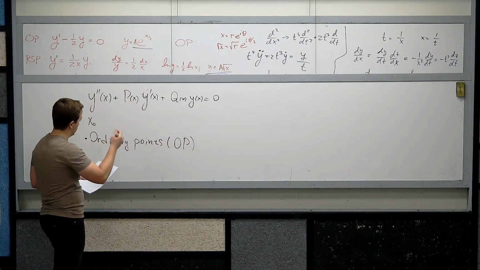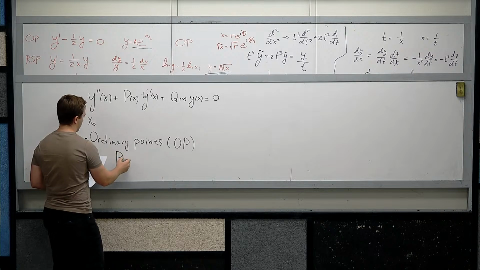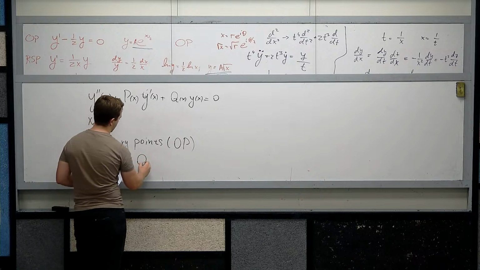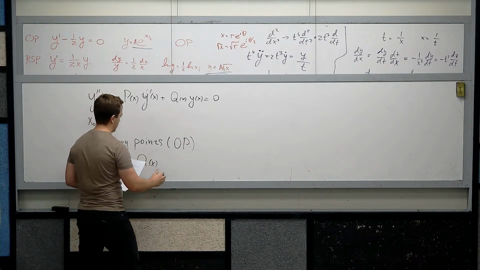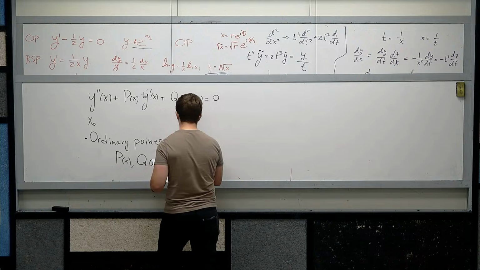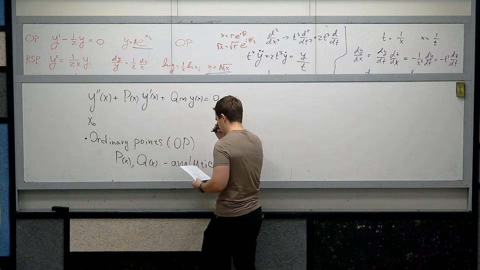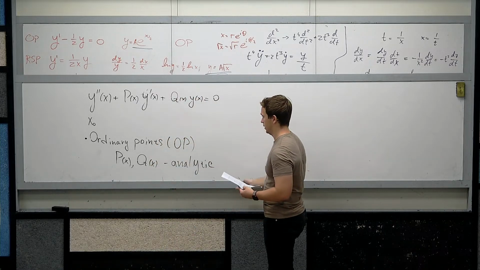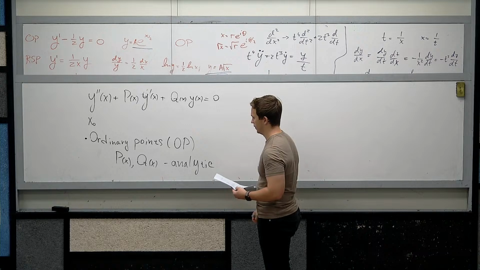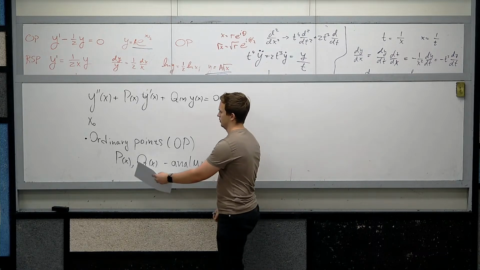At these points, both p of x and q of x are analytic, or in other words, they can be seen as some Taylor series.